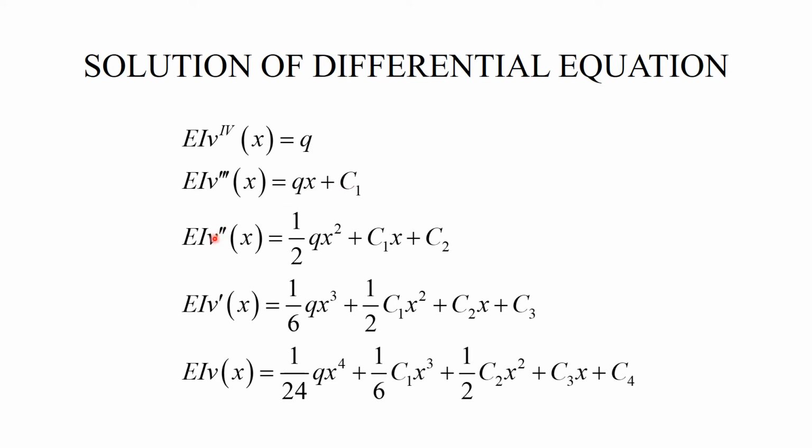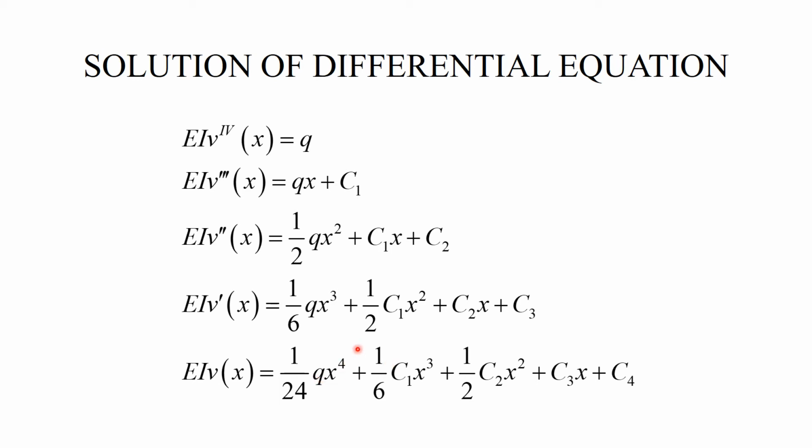Now to get the second derivative, I integrate this line, right? So c1x plus c2, and I integrate once again. This time I integrate this equation, and finally I obtain the relationship that tells me what v is.